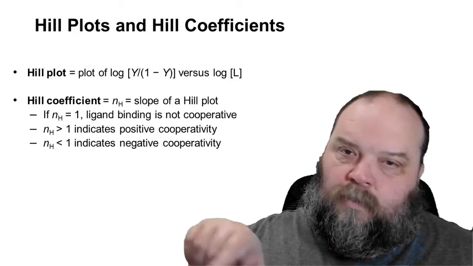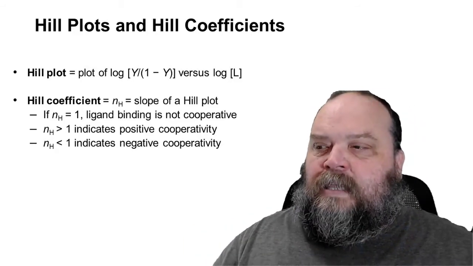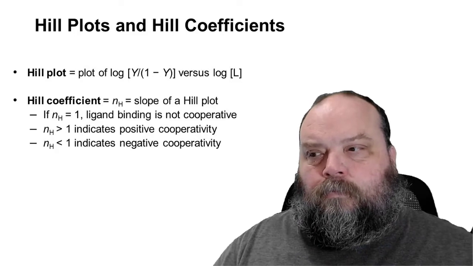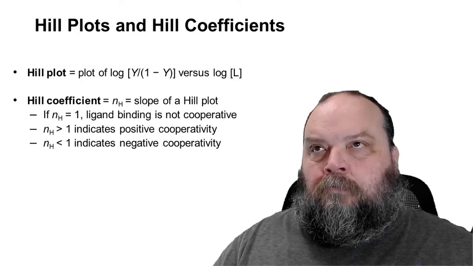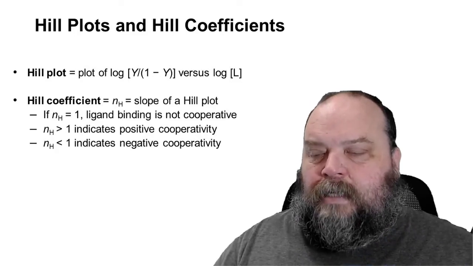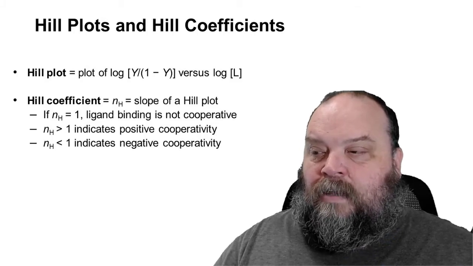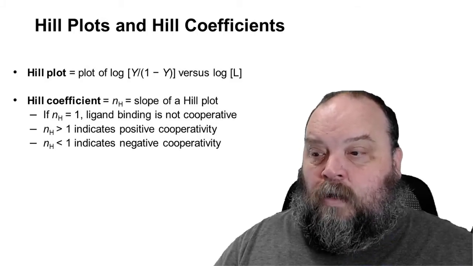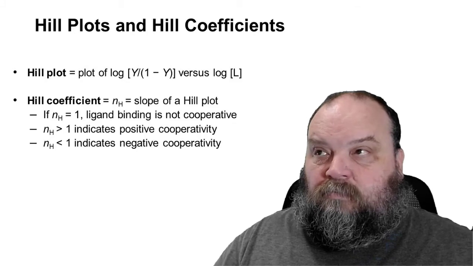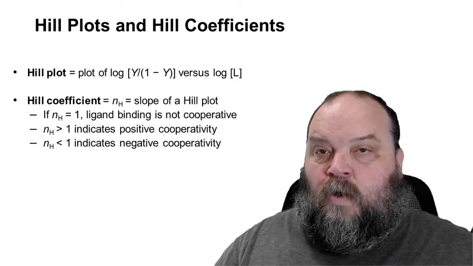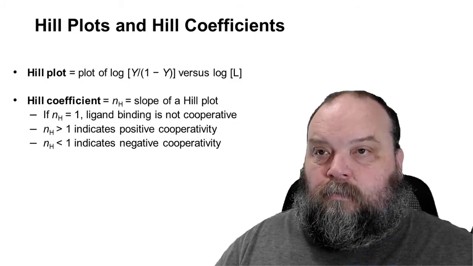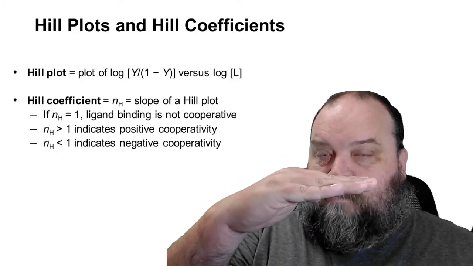All your points, best fit line, and then you look at the slope. The slope of the Hill plot. If n, the slope, is 1, there's no cooperativity. No cooperativity.